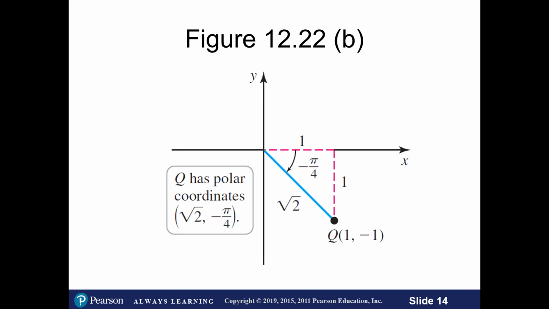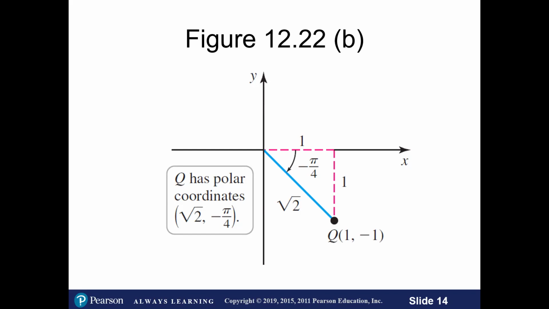Okay, so we'll do this first, and then maybe we'll look at an example where that's not the case. Sorry, I should say the point is 1, negative 1 in a second.